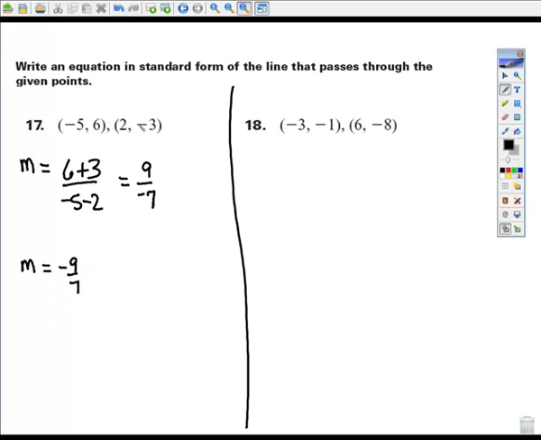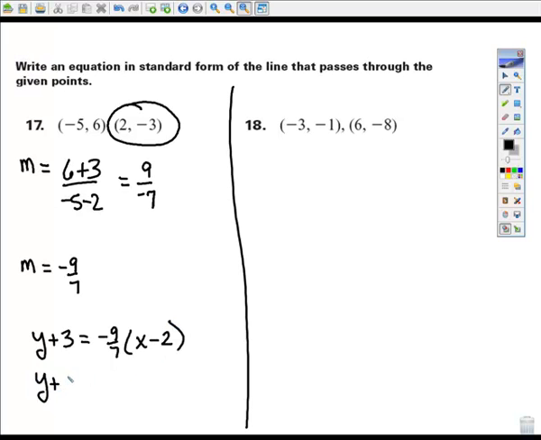I prefer point slope form, so I'm going to go ahead and put it with that x and y. So y minus y1 is y plus 3 equals m times x minus x1. So I get y plus 3 equals negative 9 sevenths x plus 18 sevenths.